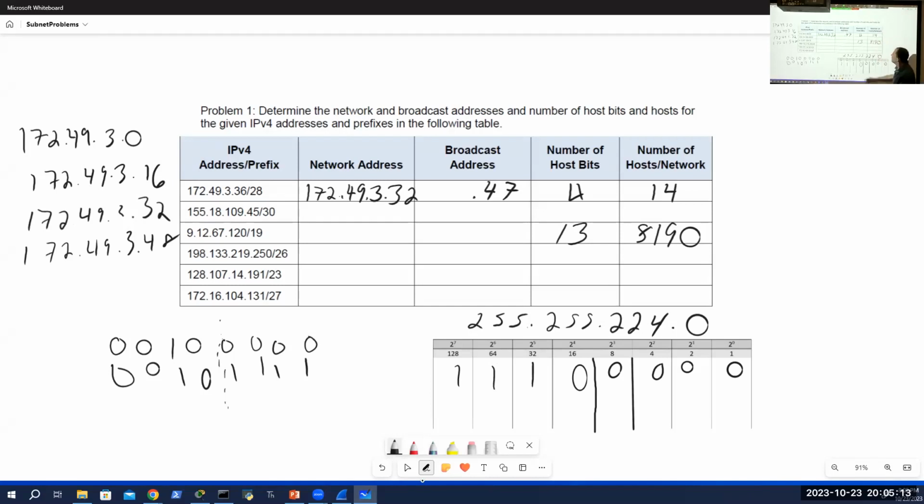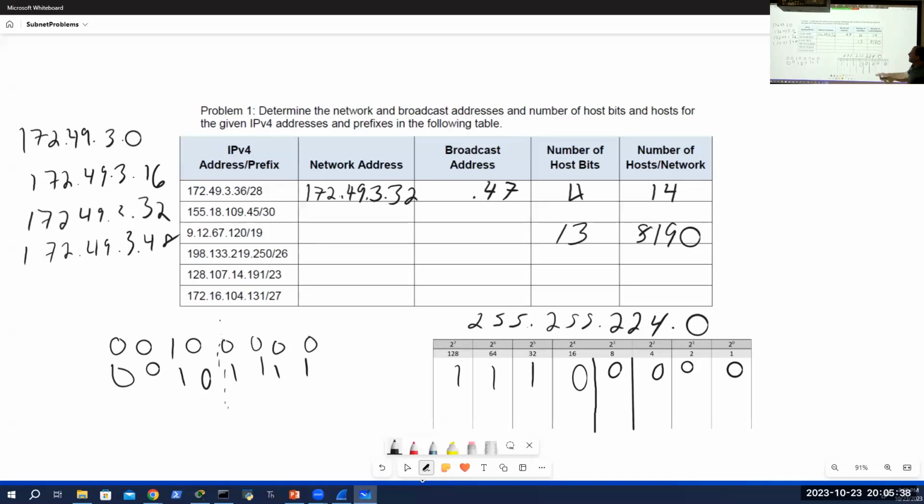Gotcha. Remember that this is what our subnet mask looks like, so our network ID exists in the third octet, the non-zero part of our network ID. We don't really care about this 120, that's part of the host field.